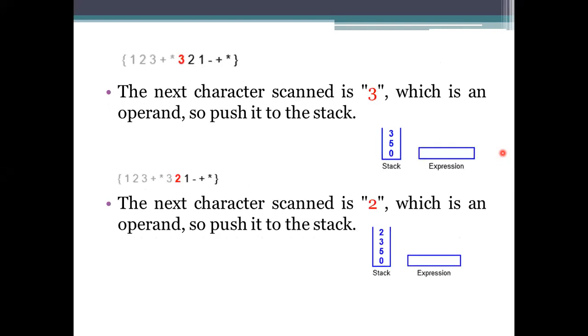After that, the next character to be read is 3. This is an operand, so directly we store it into the stack. The next one is also 2, and we store that into the stack as well. While processing these elements, we need to continuously read the values and check whether each is an operator, an operand or a special character.